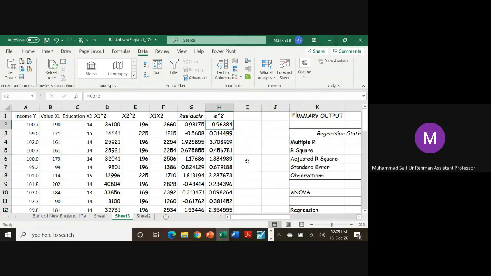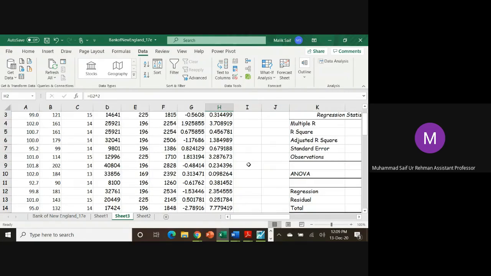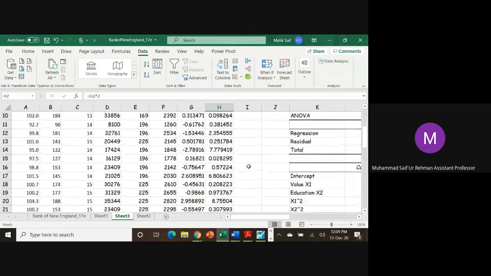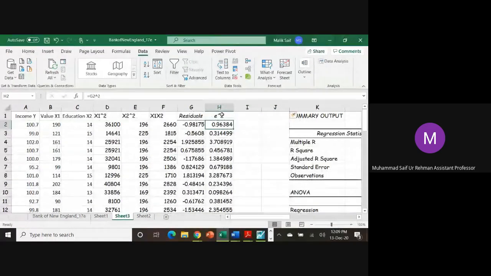Now, if you are interested to know about heteroscedasticity manually, how will you do it? You will regress this E square on all these terms. If there is some relationship between E square and these terms, it means there is the issue of heteroscedasticity, otherwise not.